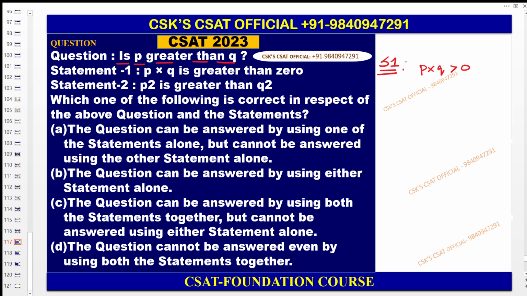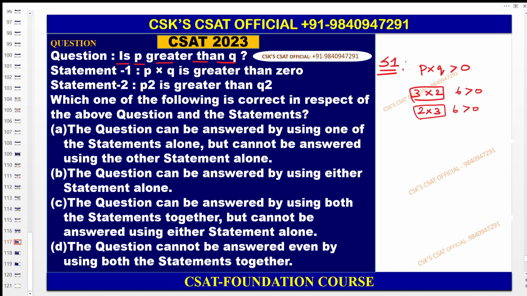You can take 3 into 2, which is 6, greater than 0. Now listen carefully, 2 into 3, these also give 6, greater than 0.